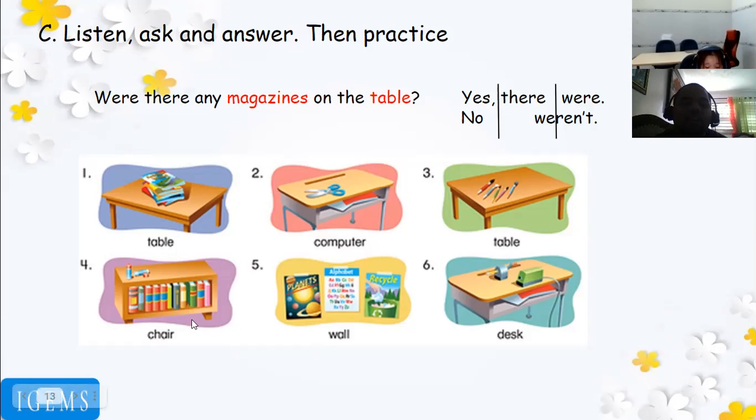Is that a chair or a bookshelf? That is a bookshelf, all right? Then, no, there weren't. No, there weren't. So we're going to continue.